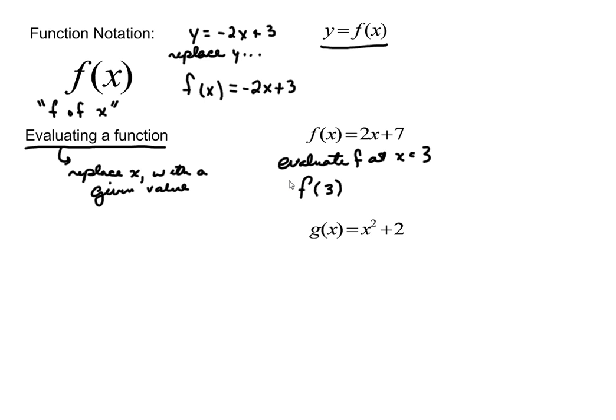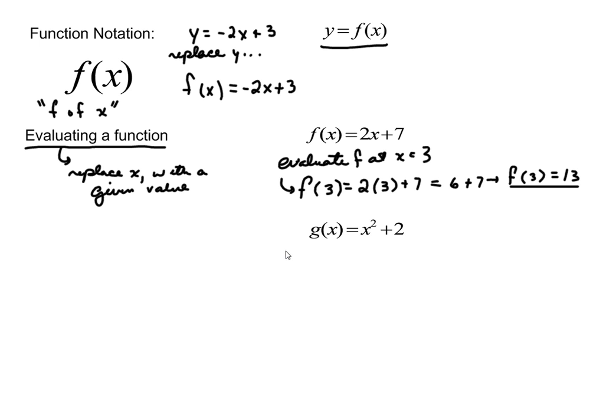We evaluate f of x by substituting in 3 anywhere we see x. So f of 3 is equal to 2 times 3 plus 7. Well, we know that to be 6 plus 7. So f of 3 is equal to 13 in this function.